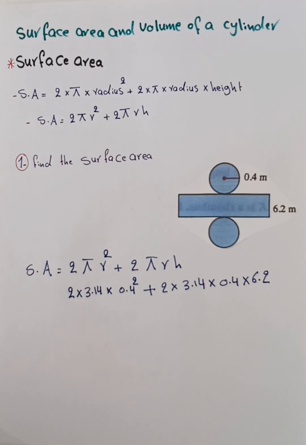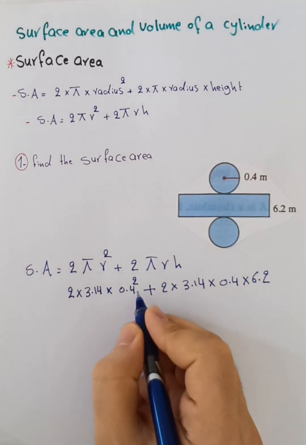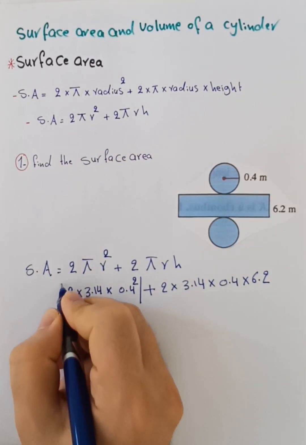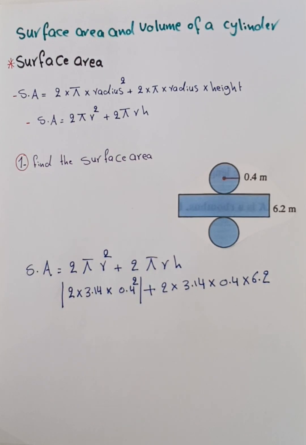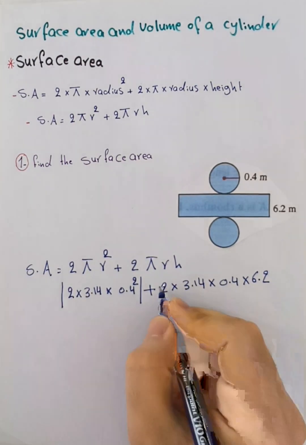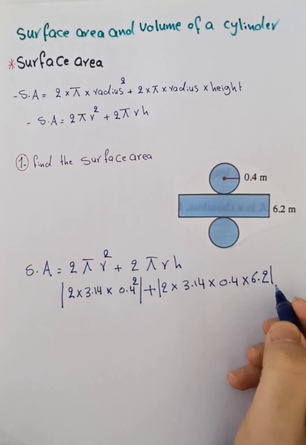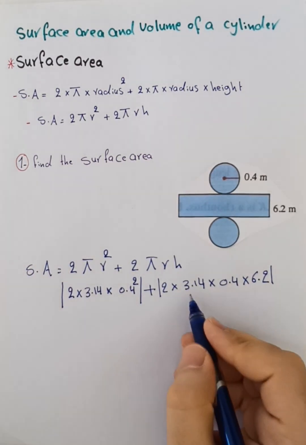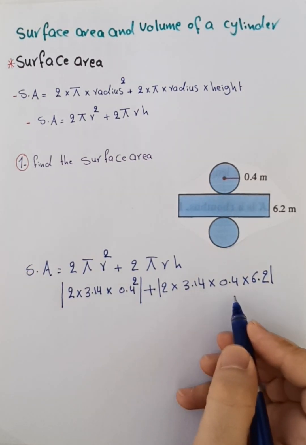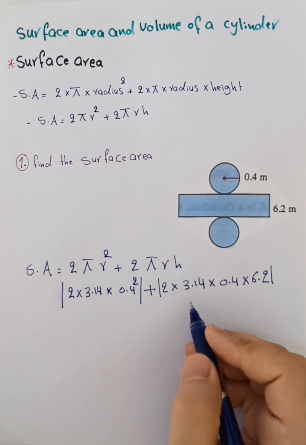After that you have to multiply the numbers. First we multiply the left side, then multiply the numbers at the right side, and then you add the products.